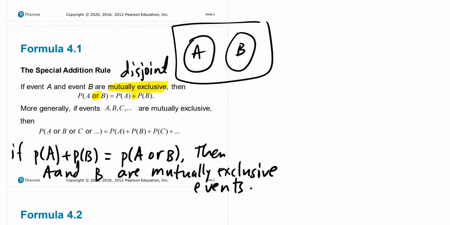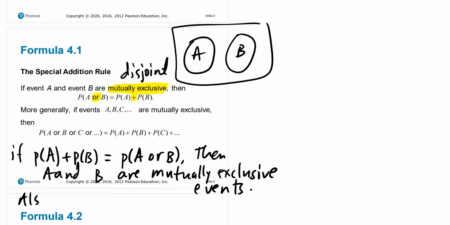And in this case, the probability of A and B, where they overlap, there is no overlapping, is really zero. The probability of A and B is zero.